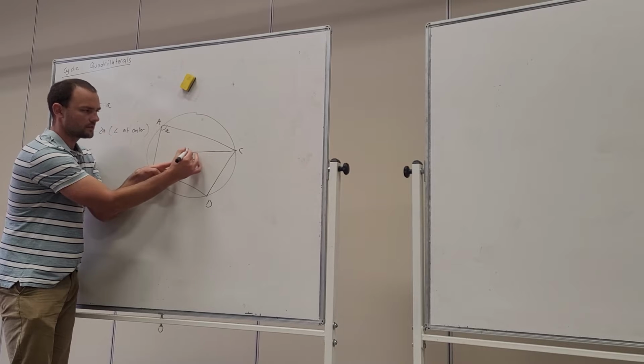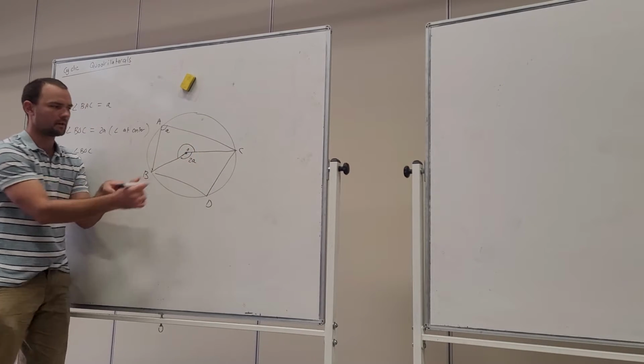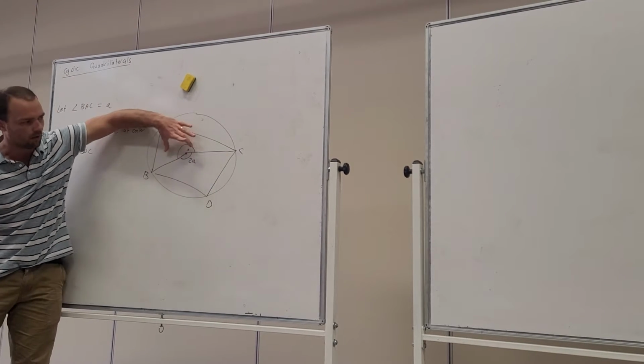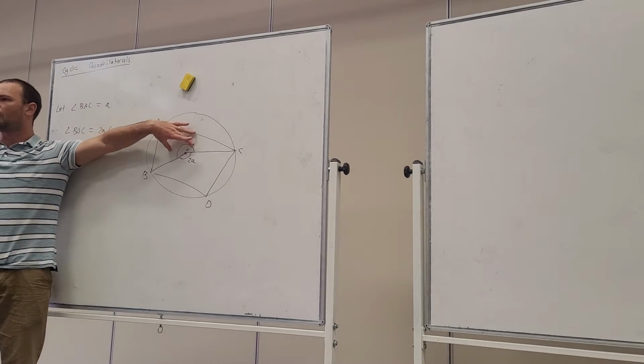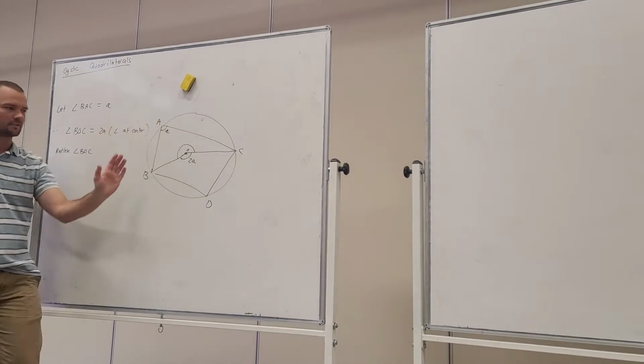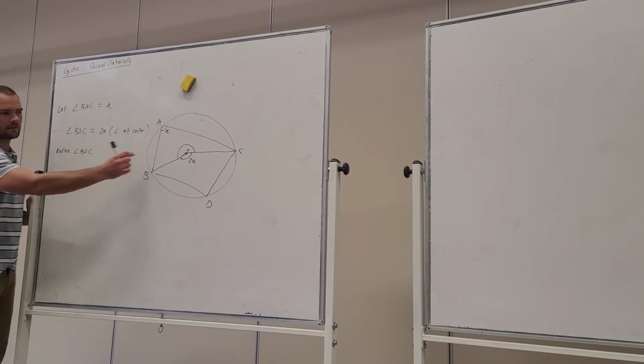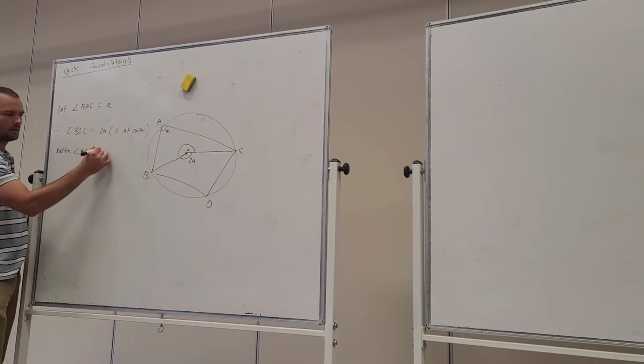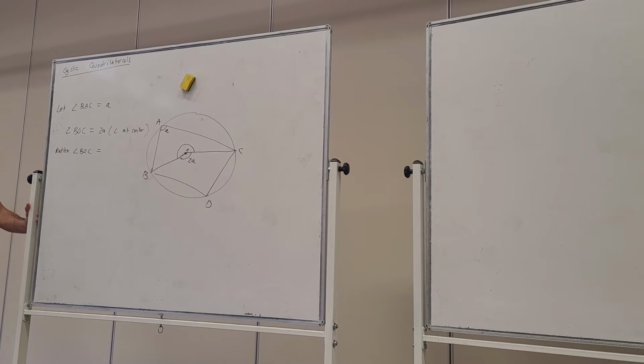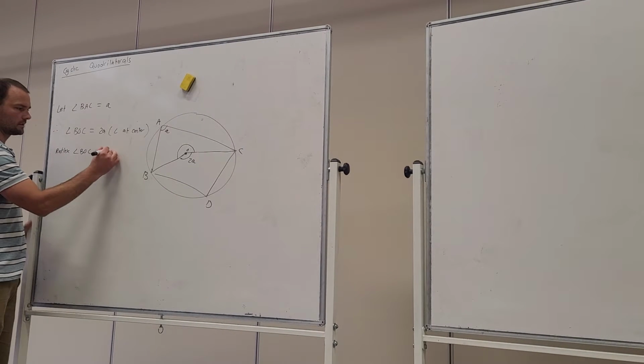So that's point O. That means the reflex of it is going to be angle BOC, but on the other side. We don't have another way we can describe that, other than it's the reflex angle opposite BOC. So the reflex of angle BOC, this big angle here, is going to be 360 take 2 alpha because of angles at a point.